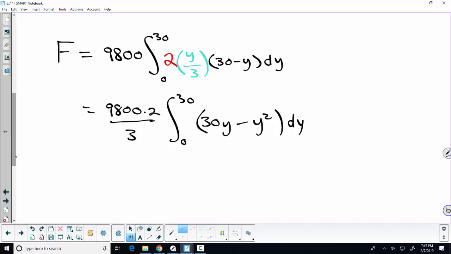So that should come out to be 29,400,000. What are the units for force? Newtons. Yeah, capital N, newtons.